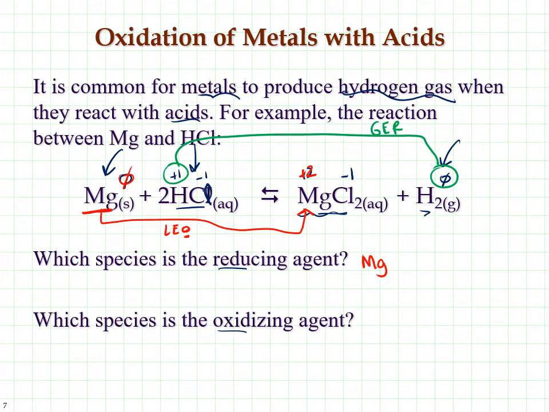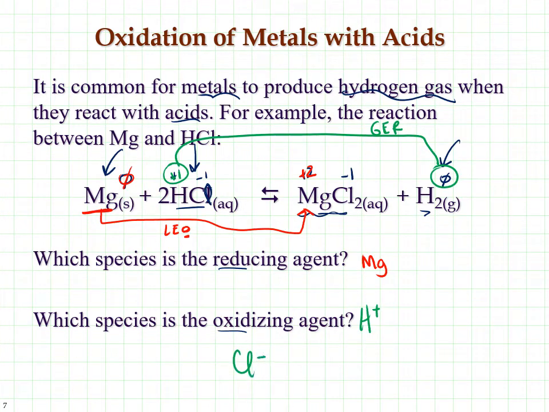Because hydrogen was reduced, it took electrons away from magnesium. It made magnesium be oxidized, which means that hydrogen is the oxidizing agent, especially that hydrogen +1 charge, because it's actually the thing that took the electrons. Good. What about chlorine?